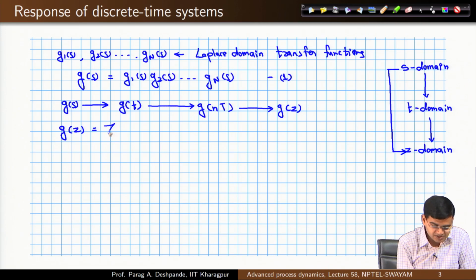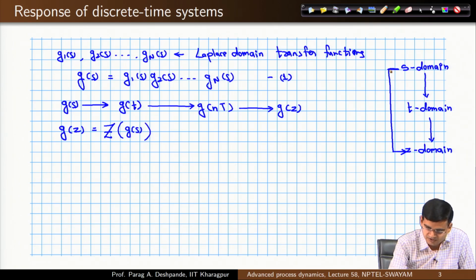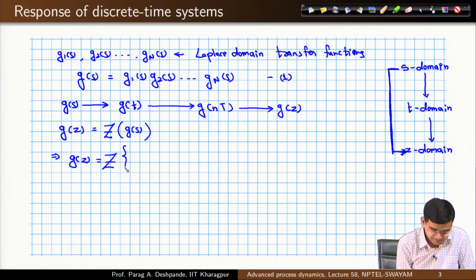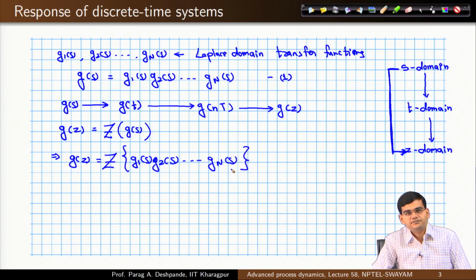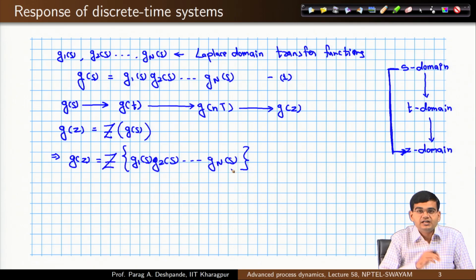The z transform of g of s. You see this going from S domain to Z domain, right, which in other words means g of z is the z transform of G1 of s, G2 of s, up to Gn of s. Okay. So, this is what has been stated.